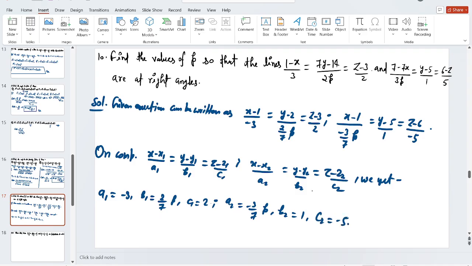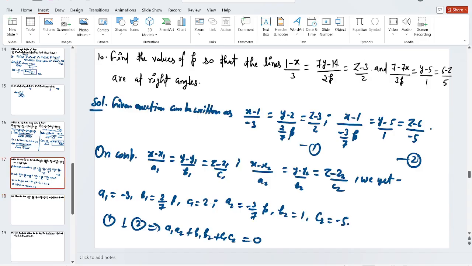Here you see that the lines are at a right angle, so we need to find the value of p. Suppose this is equation 1 and this is equation number 2, and 1 is perpendicular to 2. It means that with their direction ratios, a1 a2 plus b1 b2 plus c1 c2 must be equal to 0.